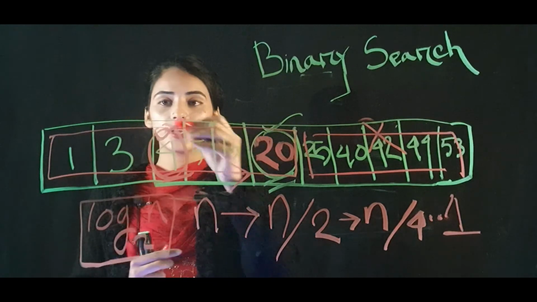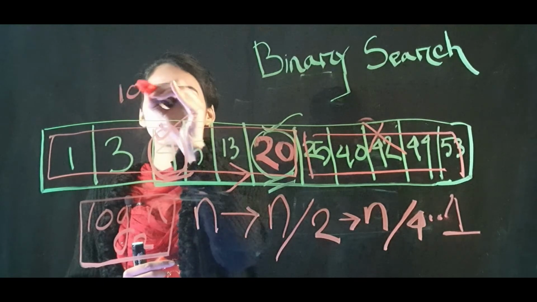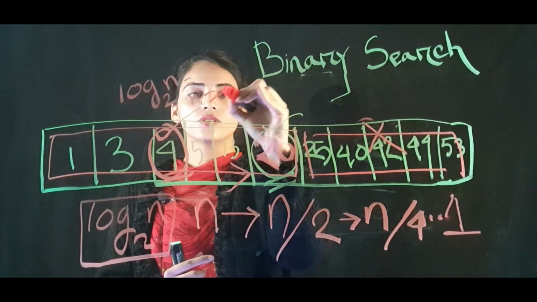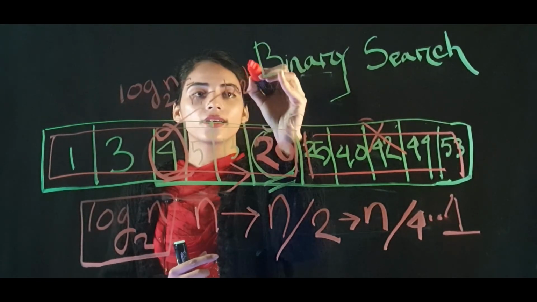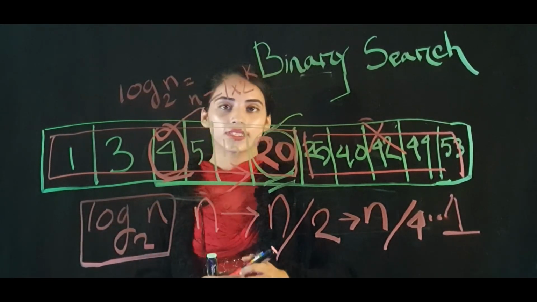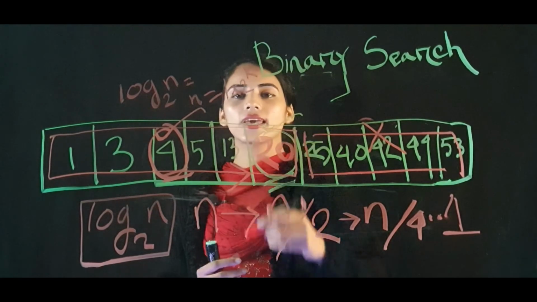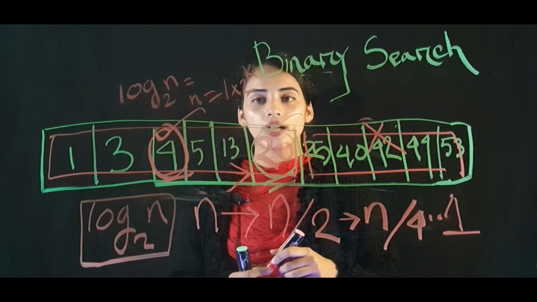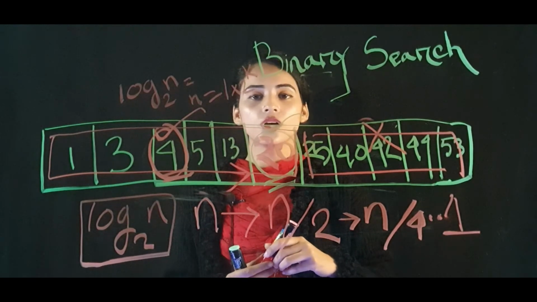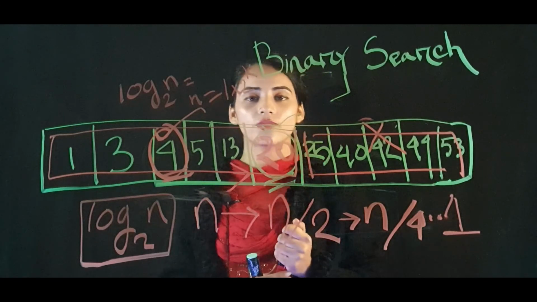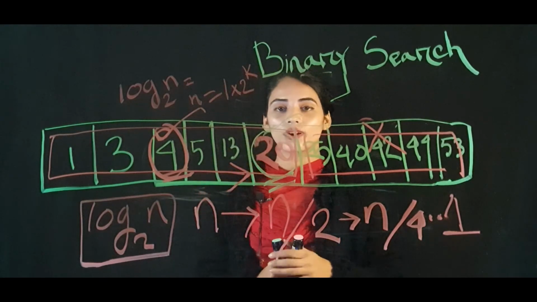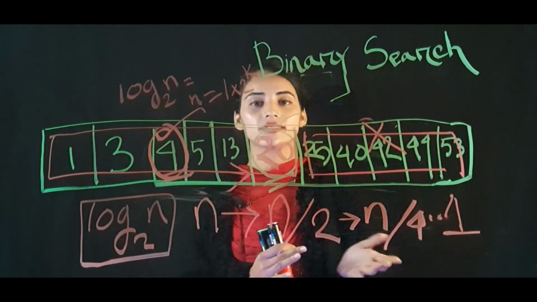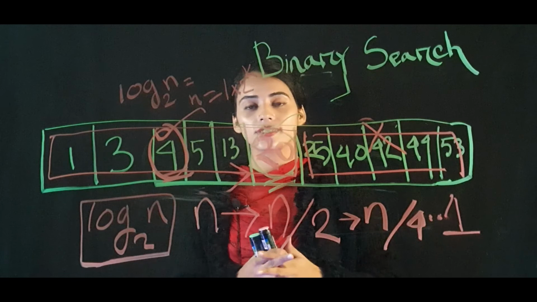Log base 2 of n, or log n, means n equals 1 times 2 to the power k, where k is the number of iterations, 1 multiplied by 2 repeatedly to reach n. So basically now you understand that binary search is actually a log n based expression or log n based iteration.